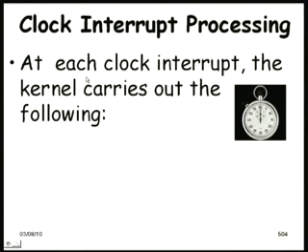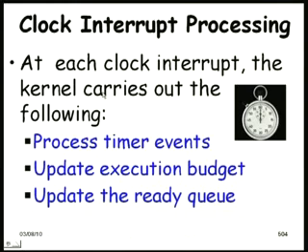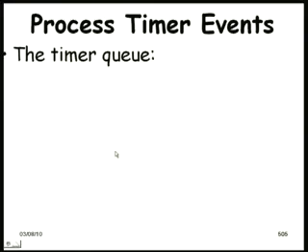It said that whenever a clock interrupt occurs, and these occur very frequently, the kernel carries out three main tasks. It checks whether any timer has expired and then queues the corresponding action as a task.